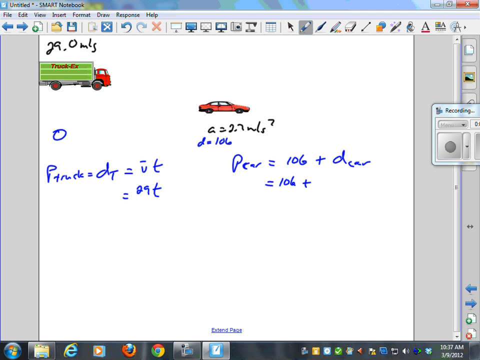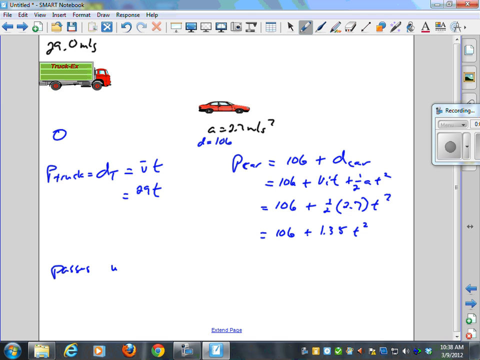Now, the car is accelerating from rest, so v_i t plus a half a t squared. 106 plus 0 times t, right, plus 1/2 of the acceleration of 2.7 t squared. So you end up with 106 plus, half of 2.7 is 1.35, 1.35 t squared.